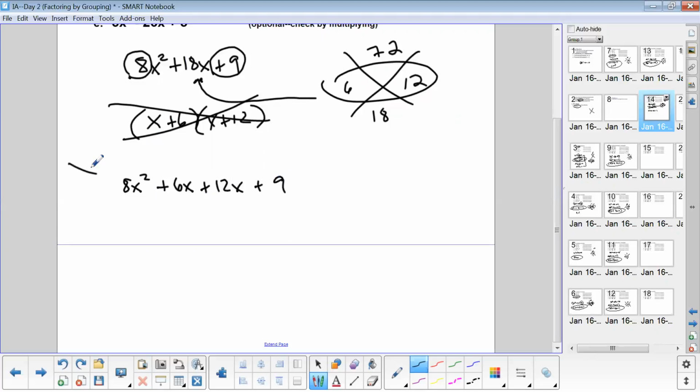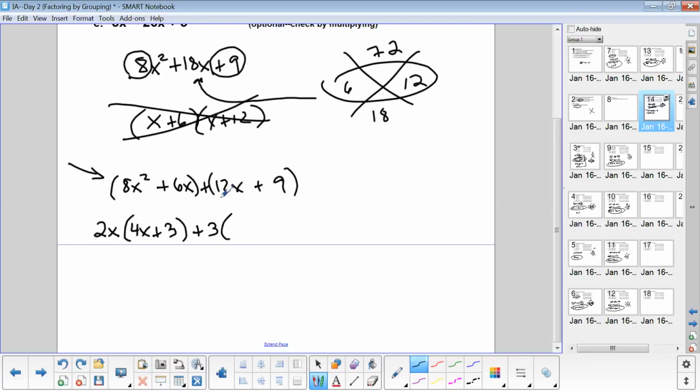And now we are right back to an example that we looked at with our first video when we were factoring by grouping, where we needed to group 2 and 2 and find the GCF. So 8x squared and 6x would be 2x, since they both contain an x. And that would be 4x plus 3. And 12x and 9 would be 3.